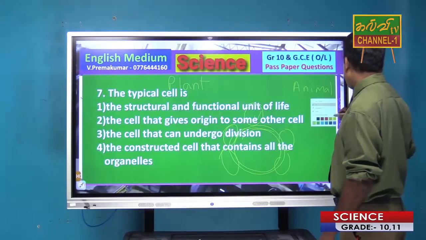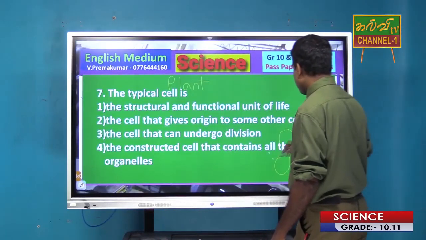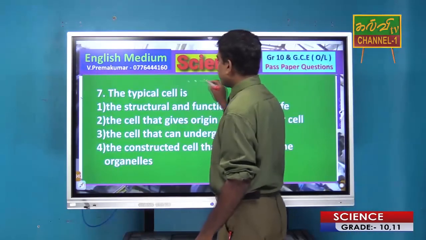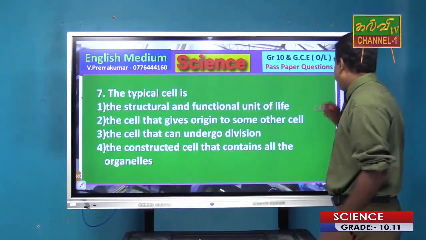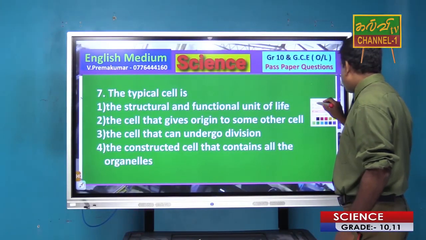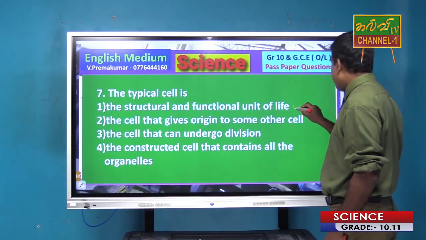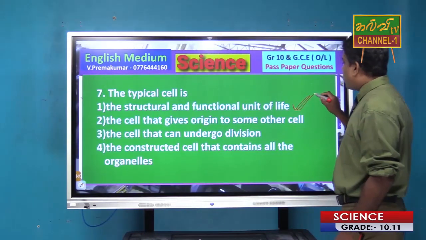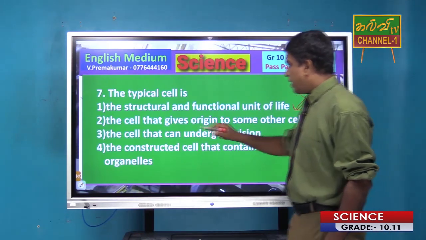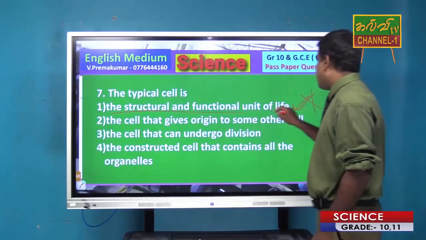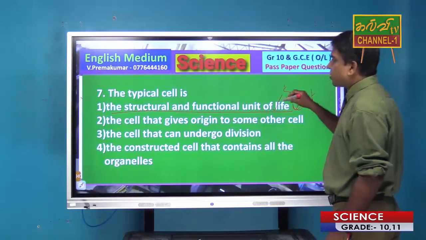Okay. According to this, the final question, right? We have to find out the typical cell. The structural and functional unit of life, actually, students, this is a correct statement, but not the answer to this question.